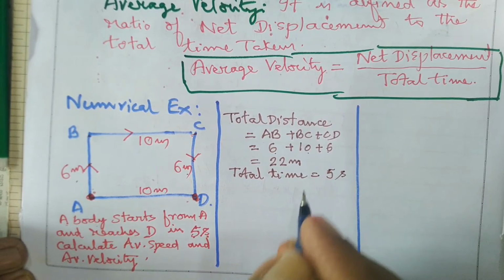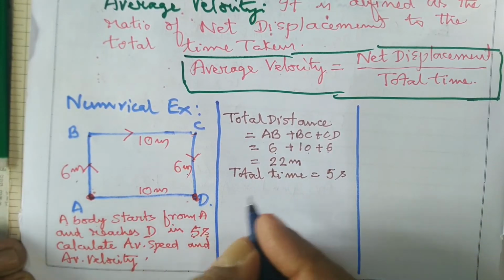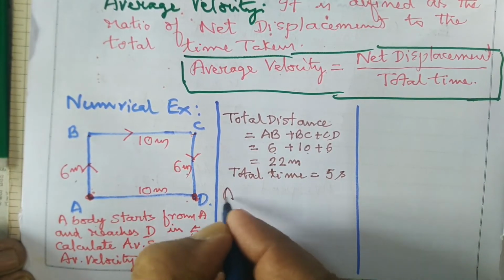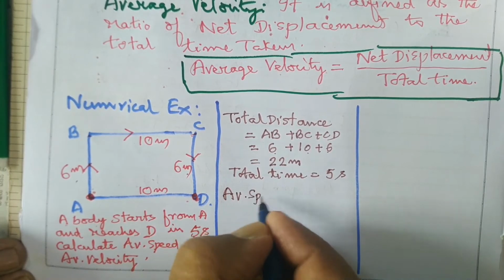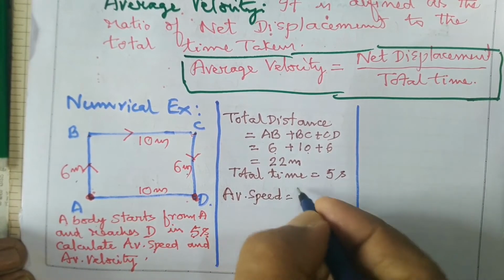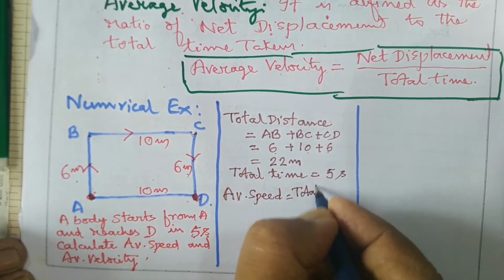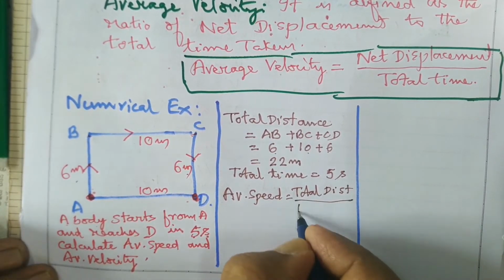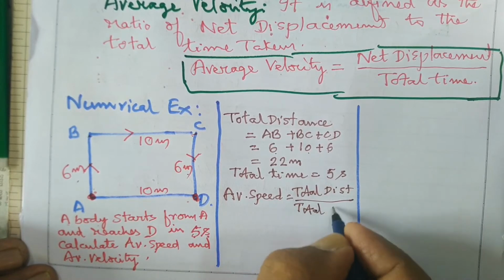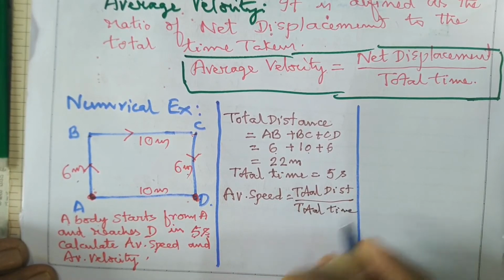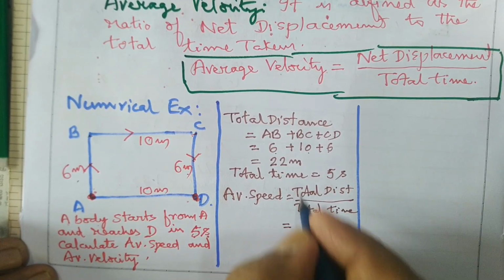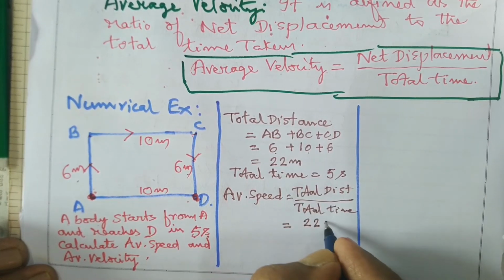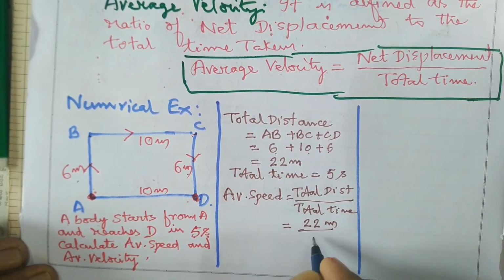Write the formula always. Average speed is equal to total distance divided by total time taken. The total distance is 22 meter, divided by 5 seconds.